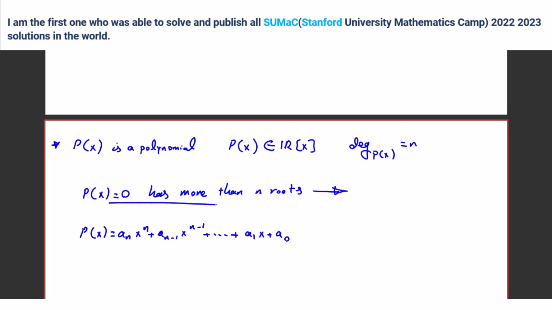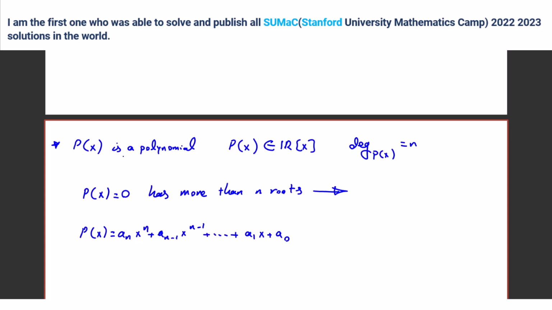If p of x equal to 0 has more than n roots, what can we conclude? The degree is n, but it has more than n roots. We know when a polynomial has degree n, it has exactly n roots in complex numbers. But if it is equal to 0 for more than n values, what can we conclude?